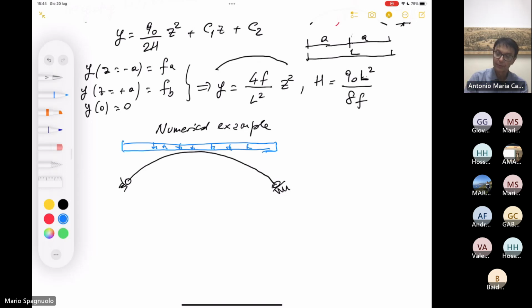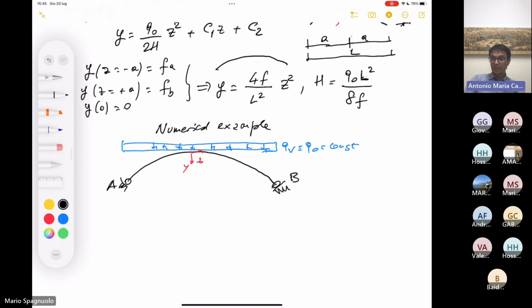Now, QV is equal to Q0 because it's constant. And we are assuming these coordinates here, y and z. Okay, so we can name the two ends as A and B.